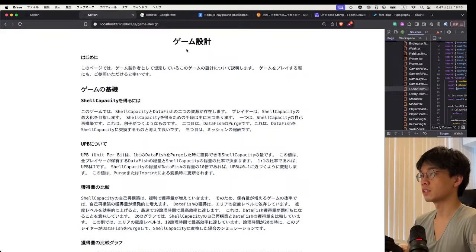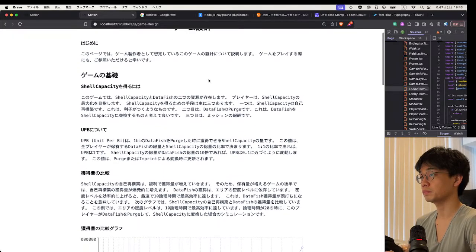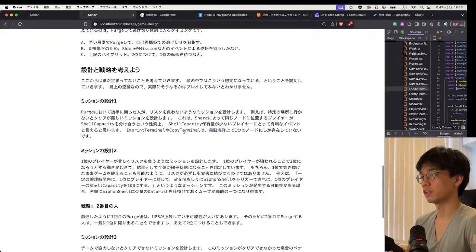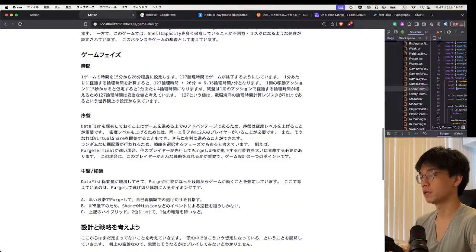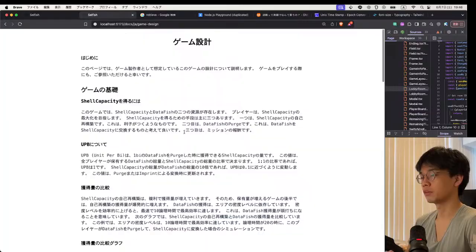Game design. At the beginning, I'm explaining the game design as a game developer in this page, and I'm glad if you refer to this page when you play the game, because there is important information about the game.